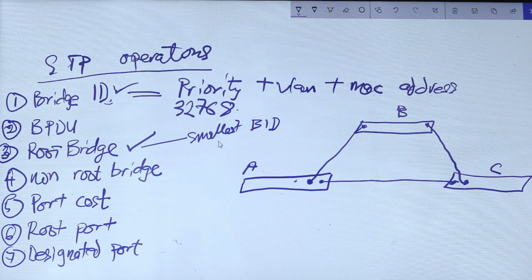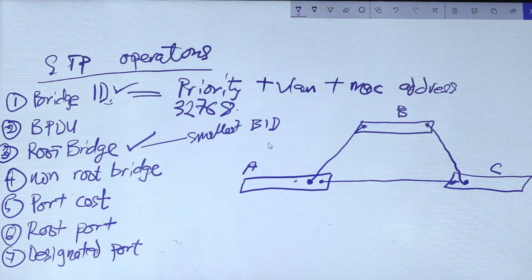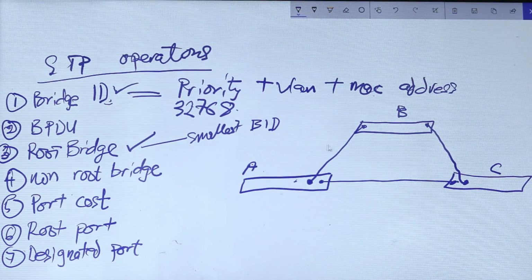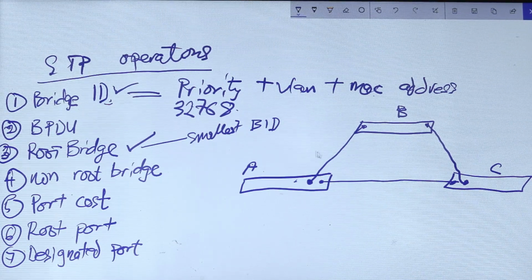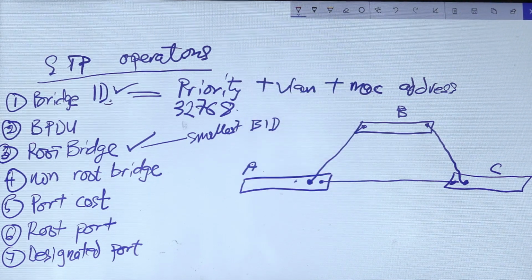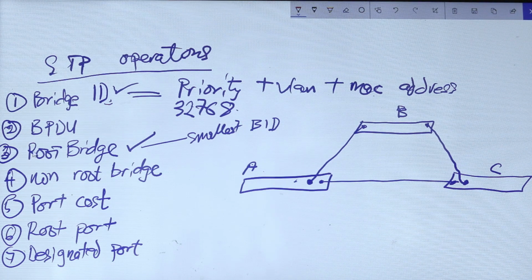How do they get to know the bridge IDs of other switches? Can you tell me? When the BPDUs are shared. Simple. So, by sharing the BPDUs, the switches will get to know the identities of other switches. So that's the first election. The root bridge election is the first election which is conducted. Let me circle it.